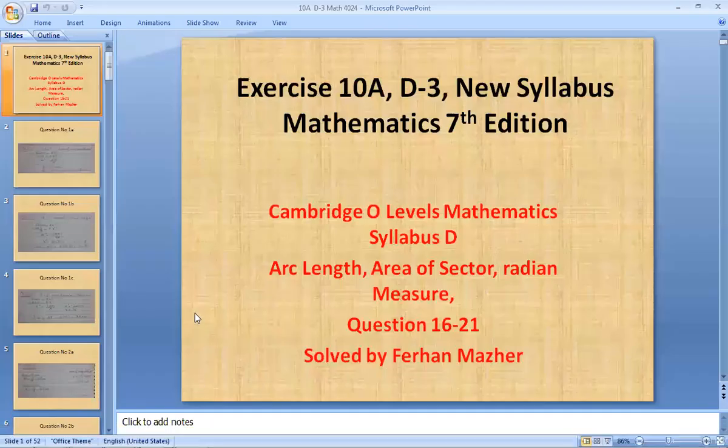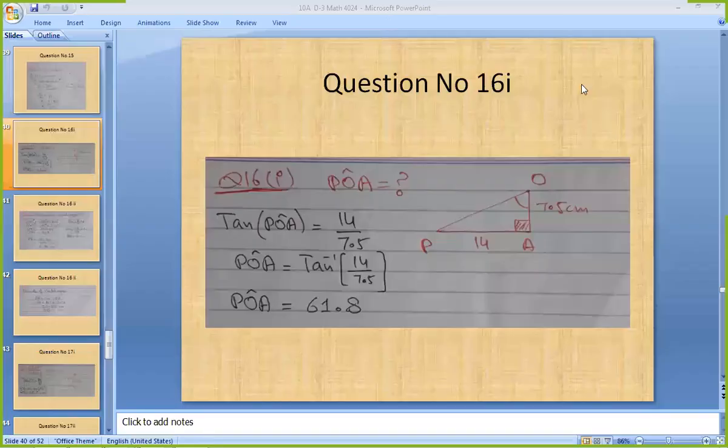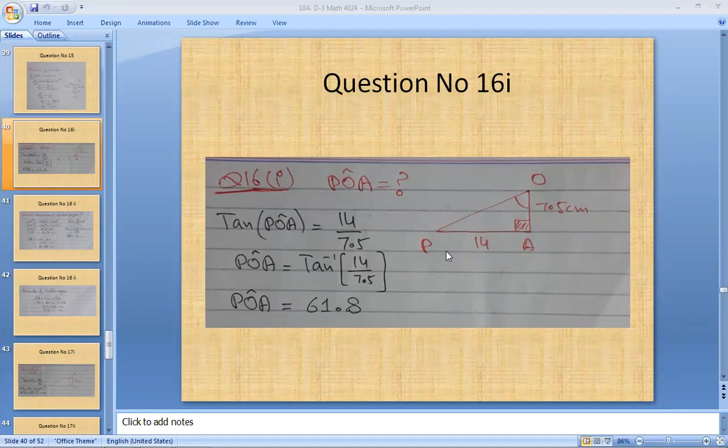Today we are working on exercise 10A, question number 16 to question number 21. You can see that this is triangle OPA, a right angle triangle. This AP is 14 centimeter. This OA, which is the radius, is 7.5 centimeter.